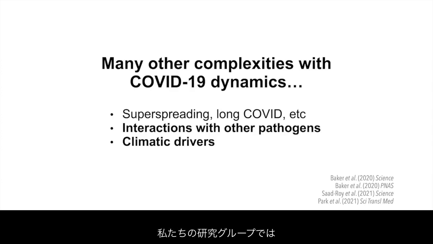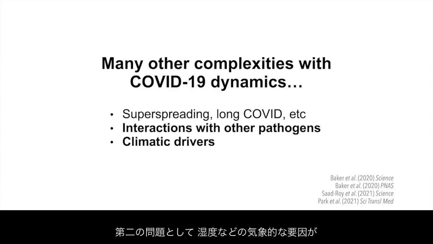In our group, we have focused on two other important issues. First, the impact of COVID-19 non-pharmaceutical interventions on the incidence of other pathogens. For example, transmission of influenza and respiratory syncytial virus dropped considerably because people were staying at home and masking, but both diseases are now rebounding.